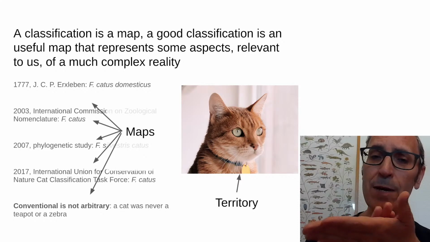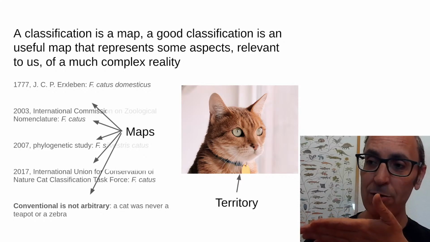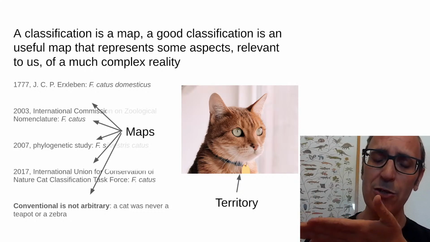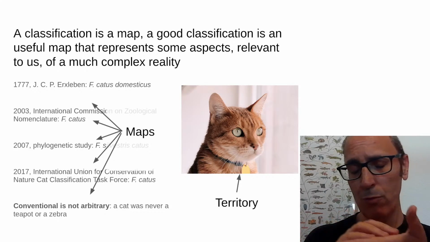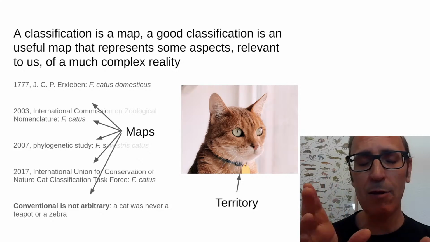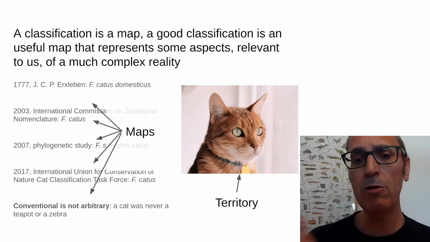We can make different maps, and maps reflect the territory, but they also depend a little bit on our needs and our decisions. We can choose to create a map drawing some things or leaving things out because they are not interesting to us, or leaving some details out or including some other details.